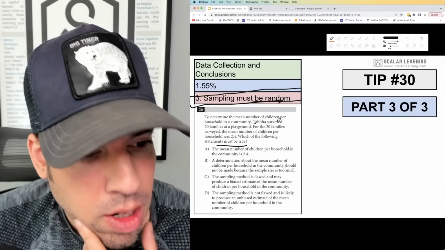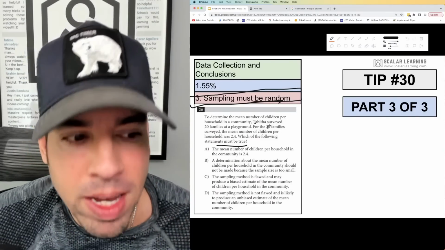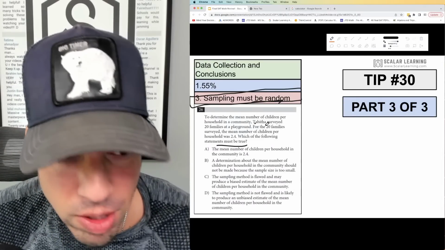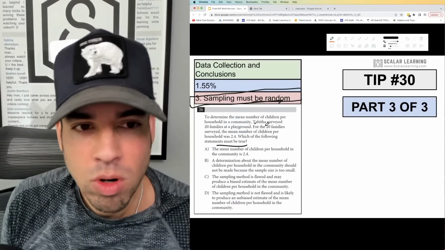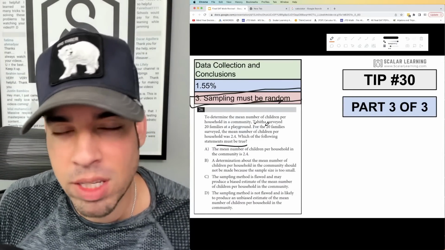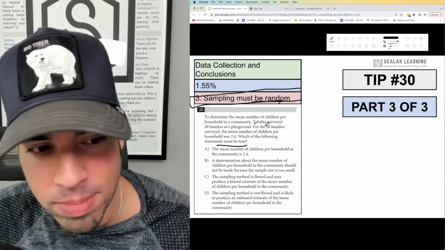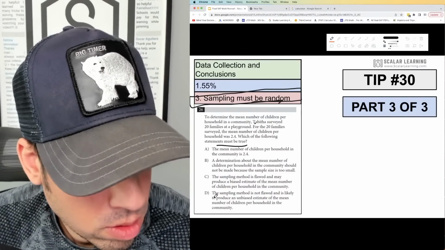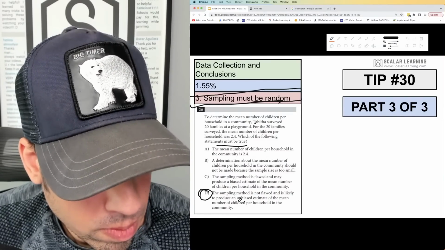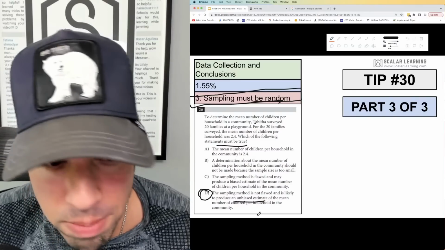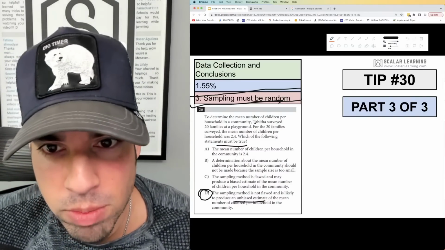It doesn't say random. She sampled people about families at a playground to figure out how many kids people have. Well, obviously, you know that's not a random sample. That's biased because only people, right, with kids are going to show up at a playground. So that's not right. And there you go. It doesn't give you an unbiased estimate, as I mentioned. Boom, done.